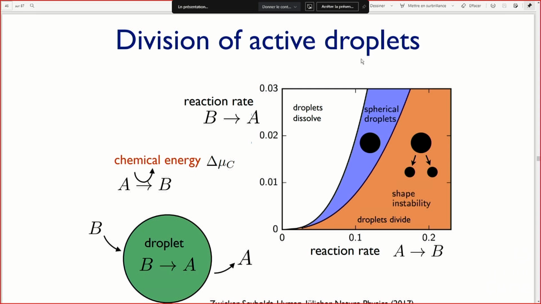The two axes are the parameters describing the reaction rate A to B and the reaction rate B to A. If you make the reaction rate B to A very strong, then droplets tend to dissolve because they disappear. If one increases the A to B reaction, then one can have stable spherical droplets with well-defined size. And further increasing this reaction rate, one gets the shape instability and droplet division.